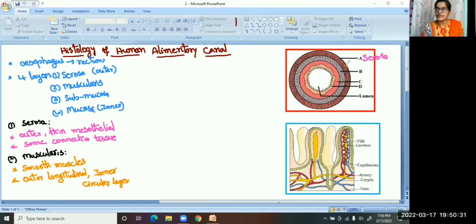The outer layer is arranged in the form of tubes, and this is the inner circular layer.